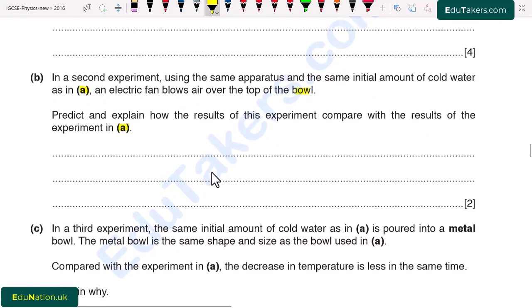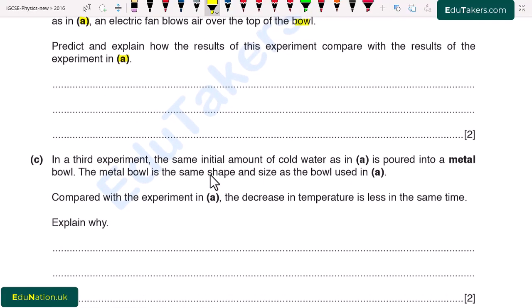So I write here, there will be a greater decrease in temperature.